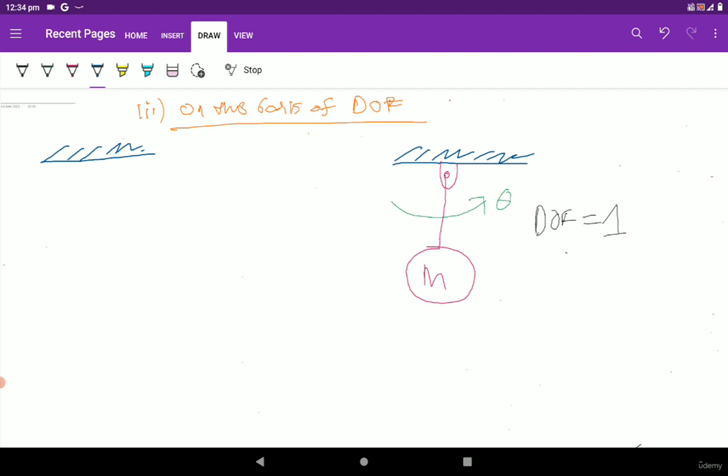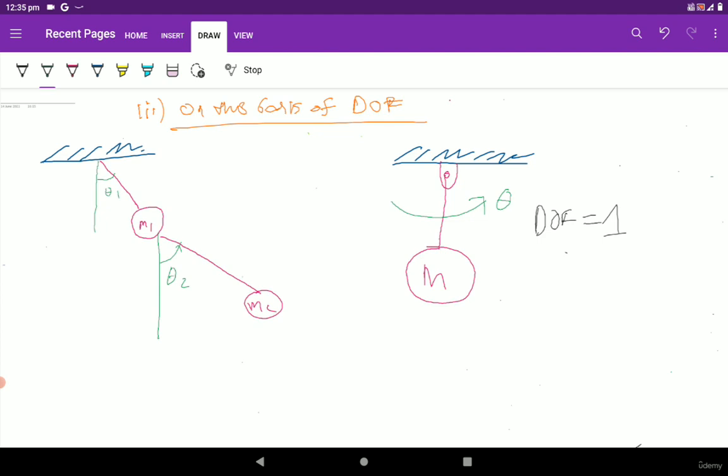First mass is here, m1, and it is displaced from its initial position by theta 1 angle, and there is another string attached to m1, which is m2, and it is displaced from its initial position by theta 2 angle.